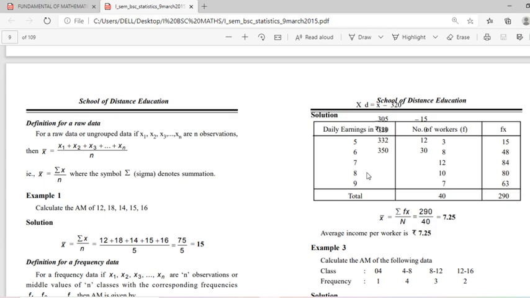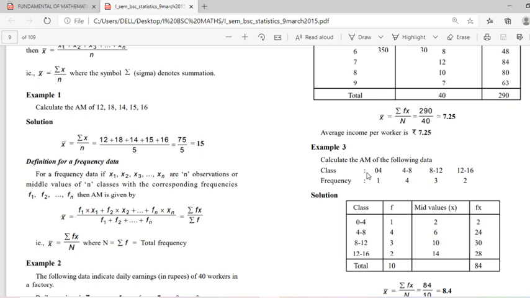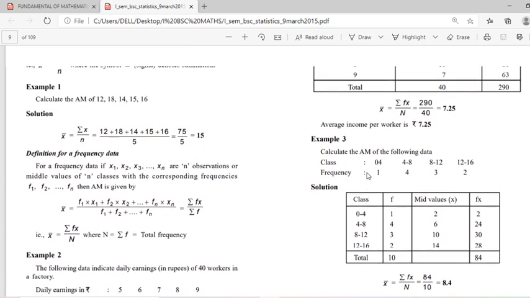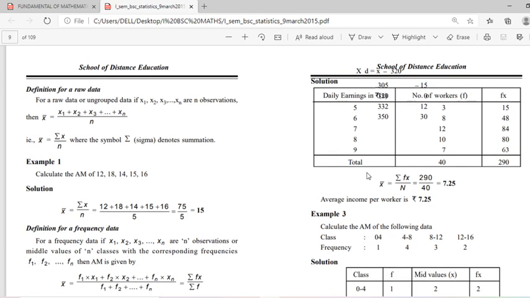Let us calculate from here. What is 5 into 3? That is 15. 6 into 8. It is given here, in the last column. 48, 84, 80 and 63.